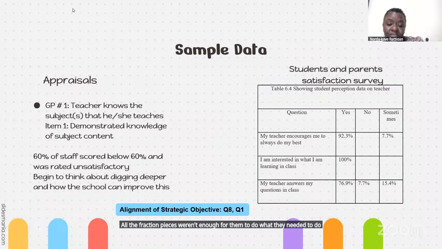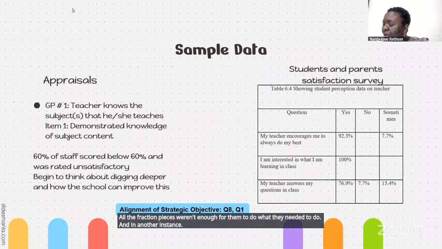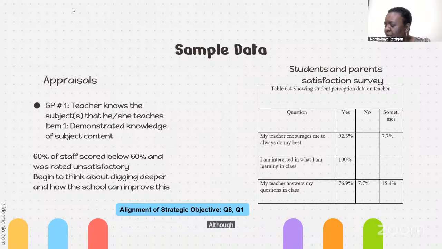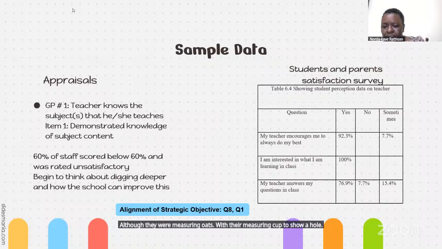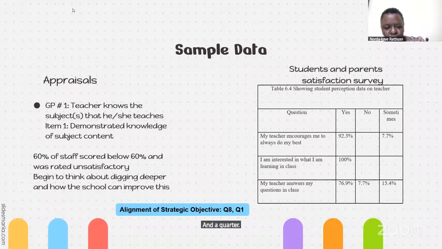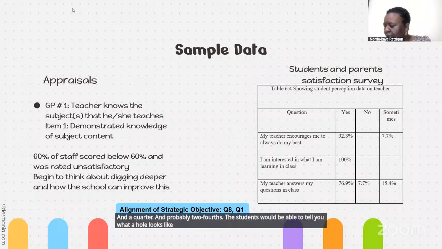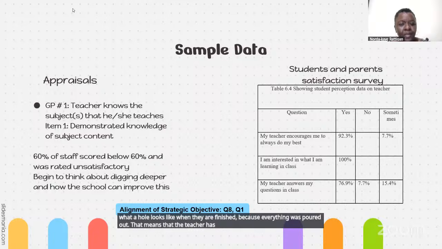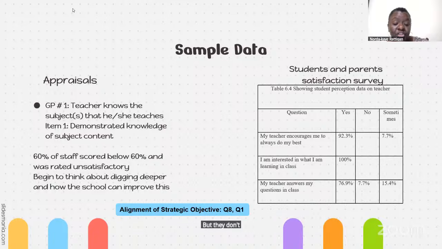In another instance, they were measuring out with their measuring cup to show a whole and a quarter and probably 2/4. The students wouldn't be able to tell you what a whole looks like when they're finished, because everything was poured out. That means that the teacher has content knowledge, but they don't have pedagogical knowledge.